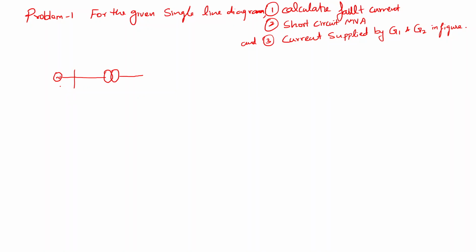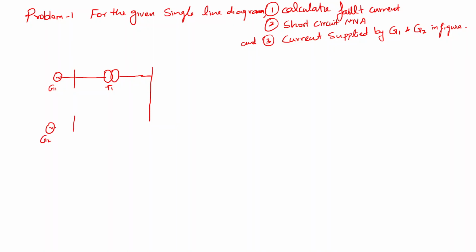So there is a generator G1 connected with a bus and a transformer T1, and it is again connected with another bus and one more generator.